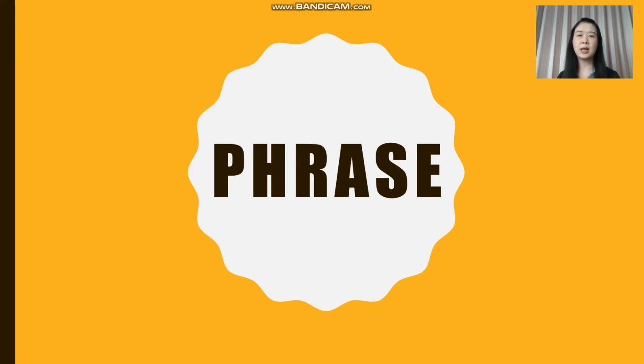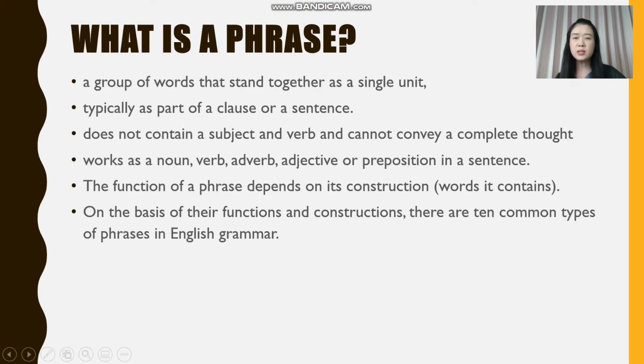Alright, so it's time for the phrase. As you know, the word is the smallest level of the language, or in other words, a word is the smallest independent unit of the language that can stand alone. Once we combine words together, what we get is the phrase. So what is a phrase?